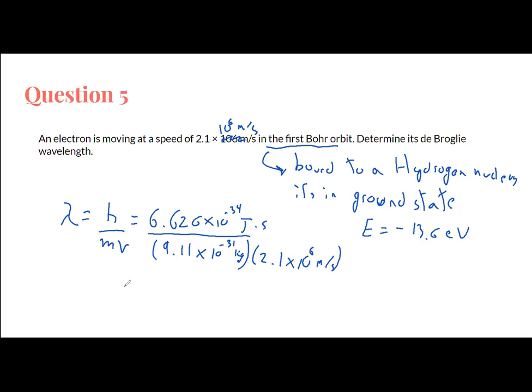At this point, we're just going to plug and play. So h by 9.11 e to the negative 31 divided by 2.1 e to the 6, which is equal to 0.3346 nanometers.